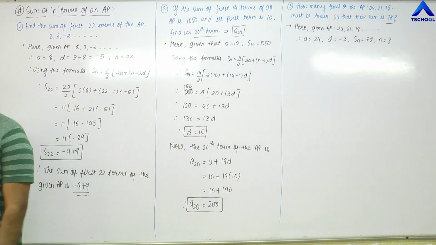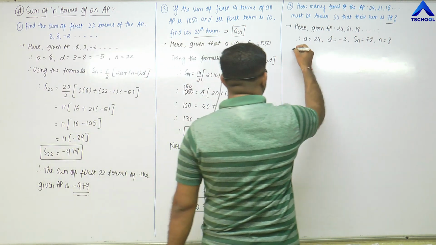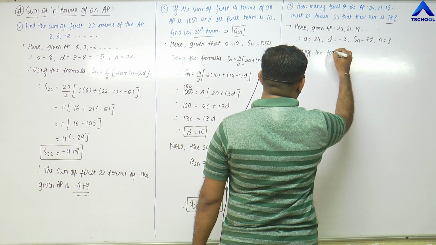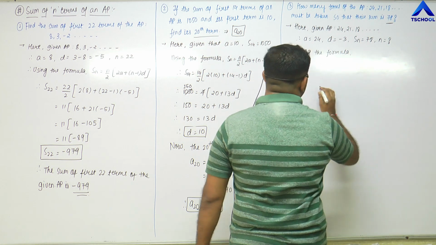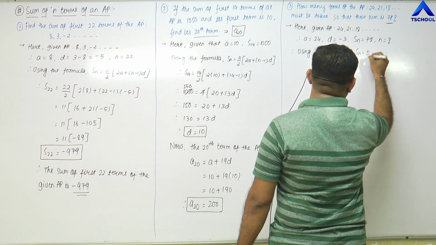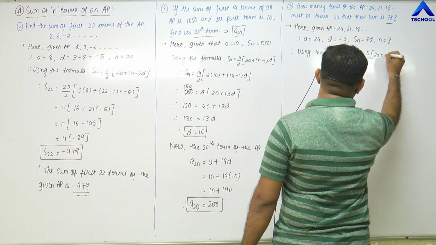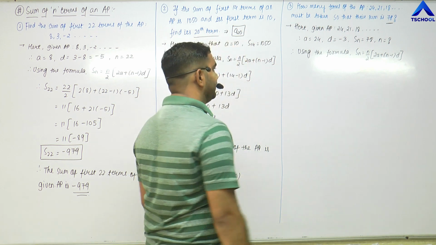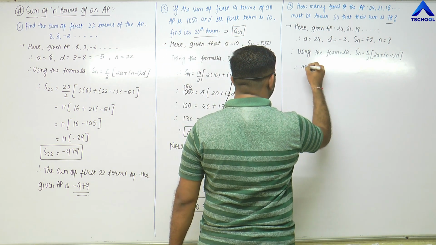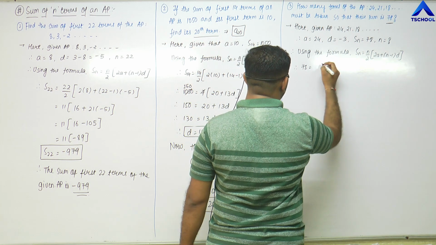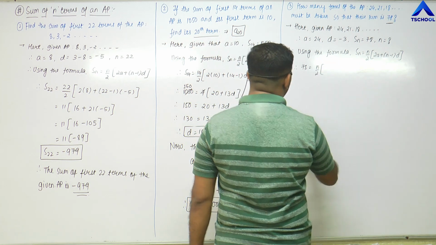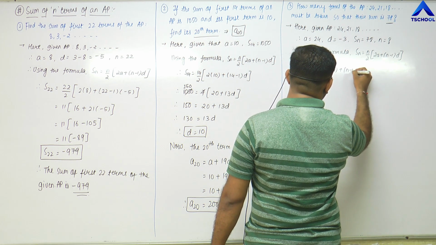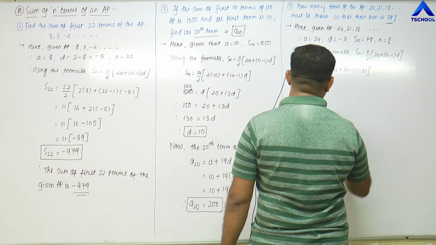So using the formula Sn equals n by 2 into 2a plus n minus 1 into d, that is 78 equals n by 2 into 2 into 24 plus n minus 1 into -3.